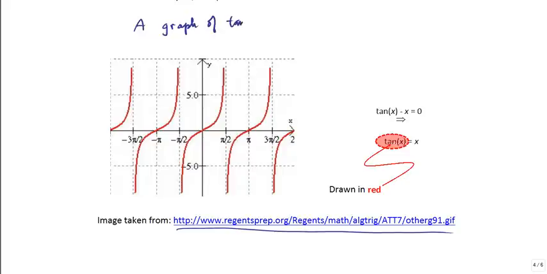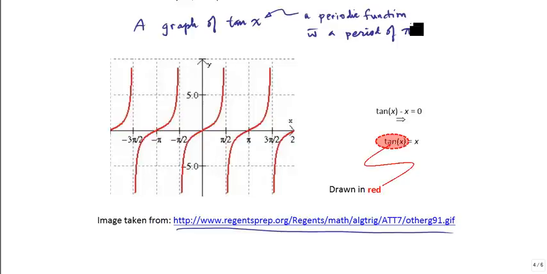So this is a graph of tangent of x. Now, tangent of x is a periodic function with a period of pi. Okay? Now, what does that mean?